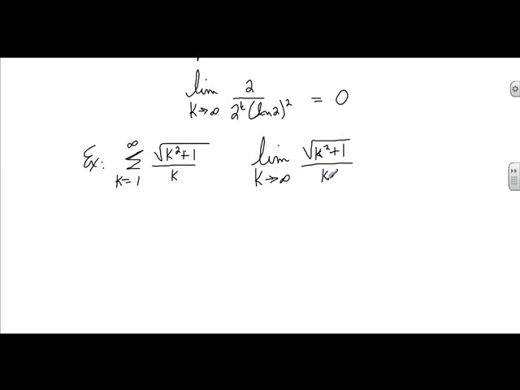We're going to divide every term by k, which under the square root would be k squared. So looking at the limit as k approaches infinity of the square root of 1 plus 1 over k squared over 1, and since 1 over k squared goes to 0, that limit is approaching 1. So because we don't have 0 here, we can say that our series diverges.